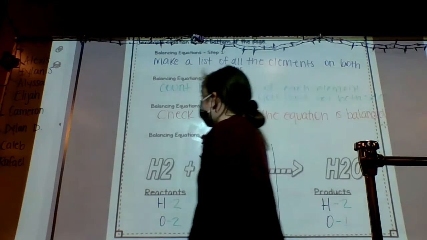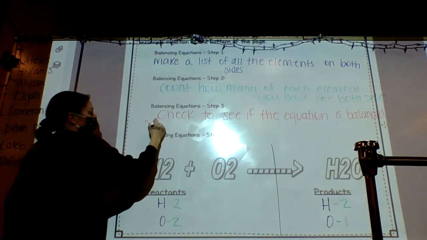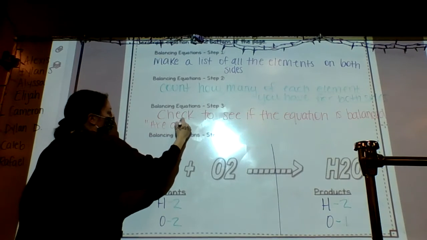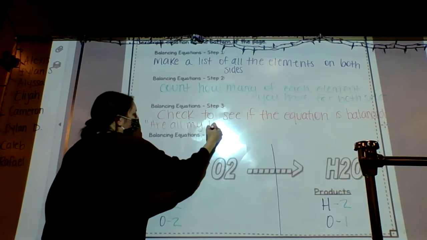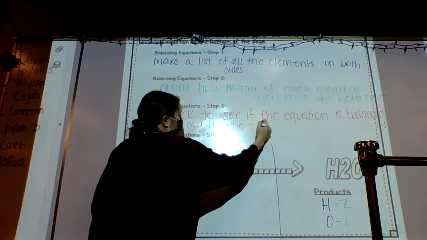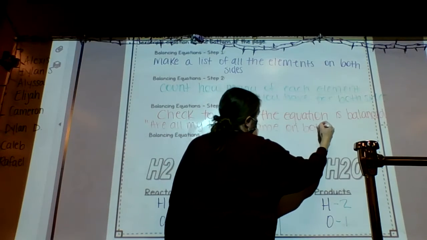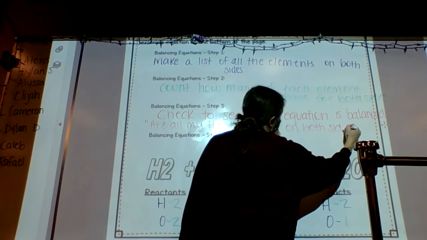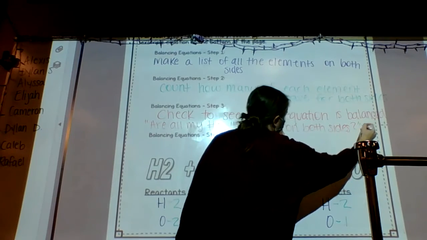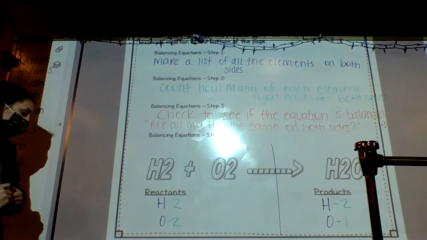How I want to do this is I'm going to ask myself, and I'm going to put this part in quotations: Are all my numbers the same on both sides? That's a question I'm going to ask myself. Are all my numbers the same on both sides?